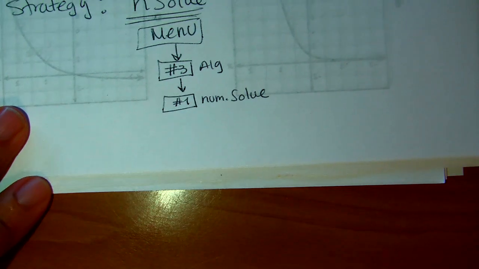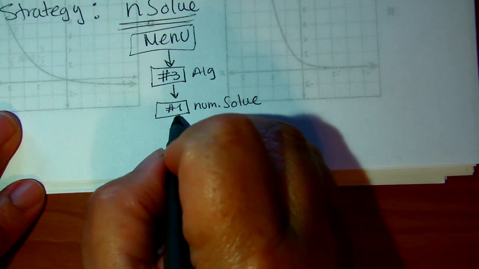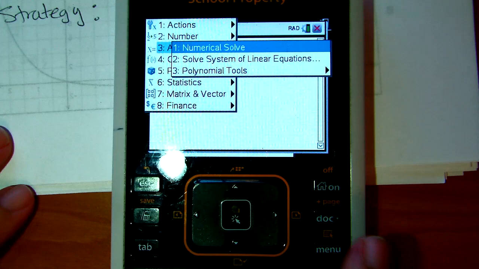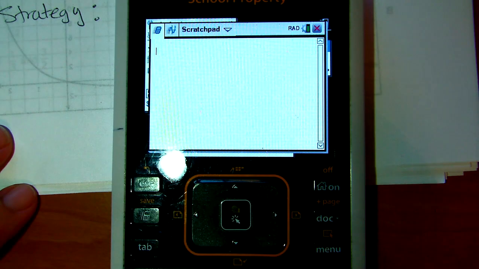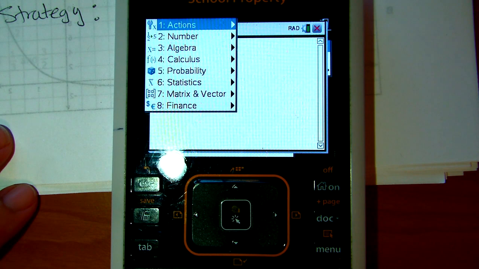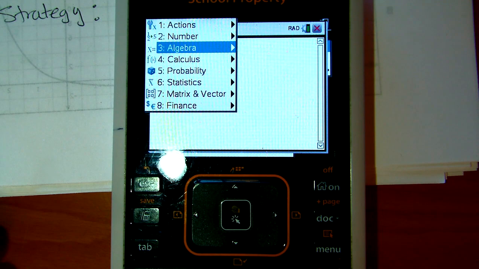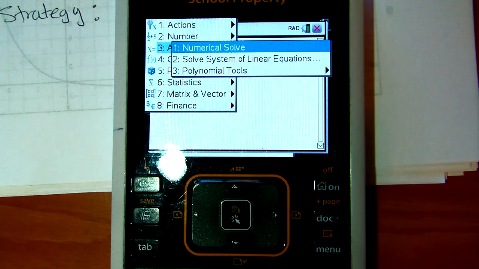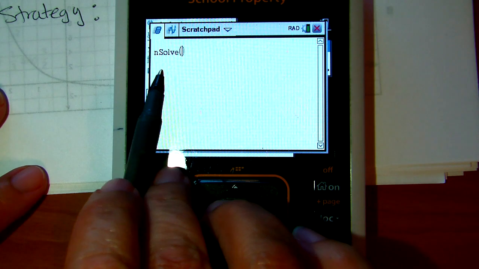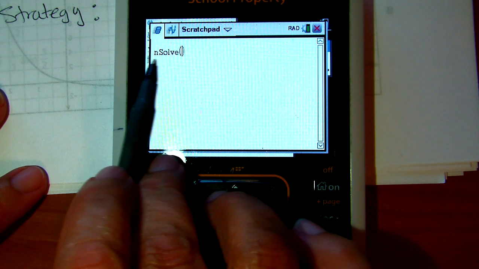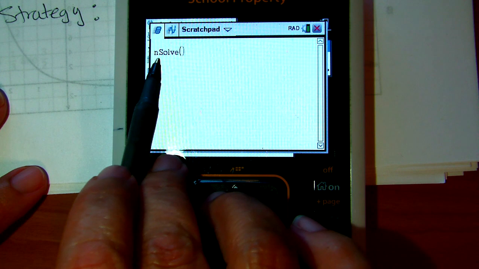So that's why we call it n-solve. After you do that, look what happens. So let me go back. Menu, algebra. You can press algebra, or you can press number 3, or choose number 1. And look what you see. You see why it's called n-solve? Because that's what the calculator says, n-solve.